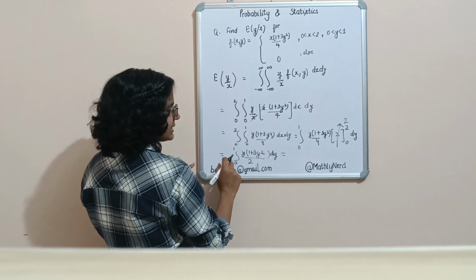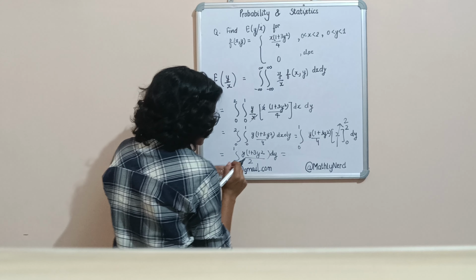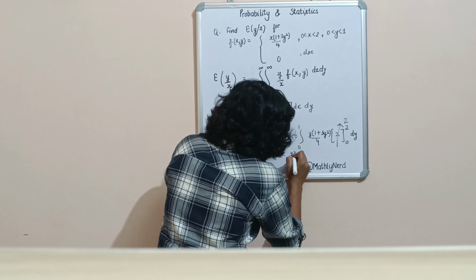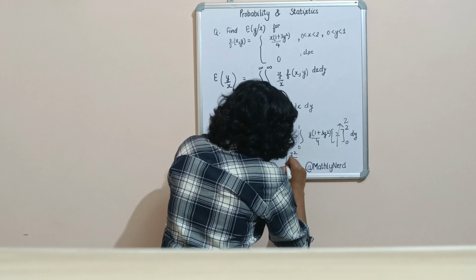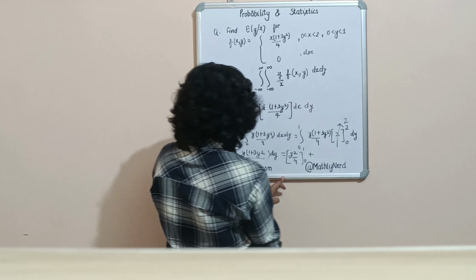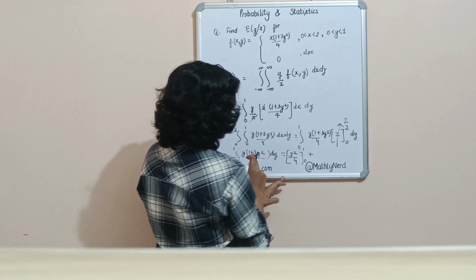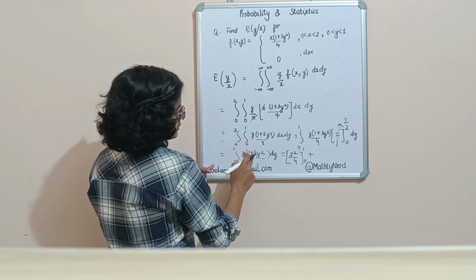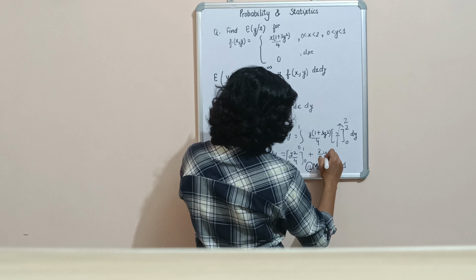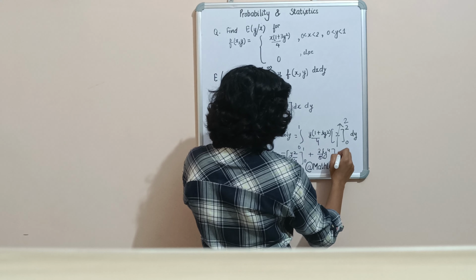If we solve this integration, we get y by 2 into dy integration. So this will be y²/4, with limits 0 to 1, plus 3y³/2 integrated, which will be 3/8 y to the power 4, with limits 0 to 1.